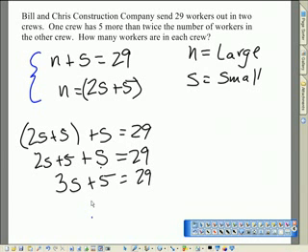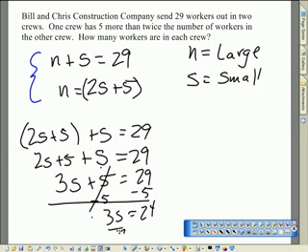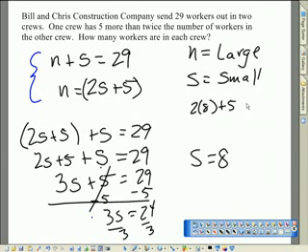Subtract 5. 2-step equation. 3s equals 24. Divide by 3. s equals 8. So the small crew has 8, which means the large crew has 2 times 8 plus 5, 21. So small crew 8, large crew 21.